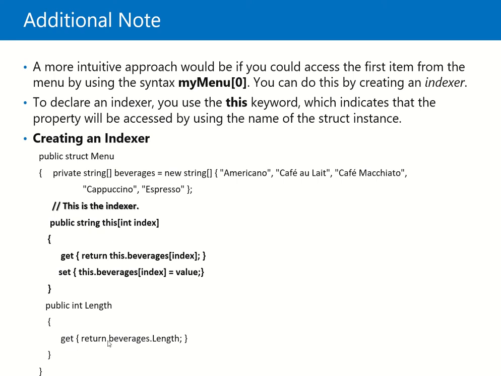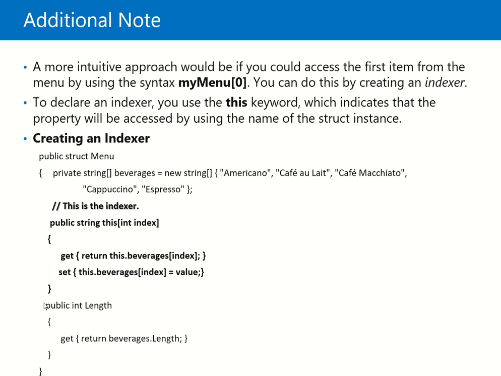They cannot construct the value into menu dot length, so it's read only. So what is menu dot length? Menu dot length returns the value of beverages dot length, which means how many elements are there inside the beverages string variable. The beverages string variable in this case has 1 2 3 4 5, so beverages dot length will return 5.